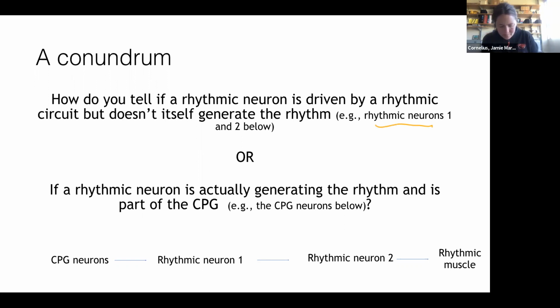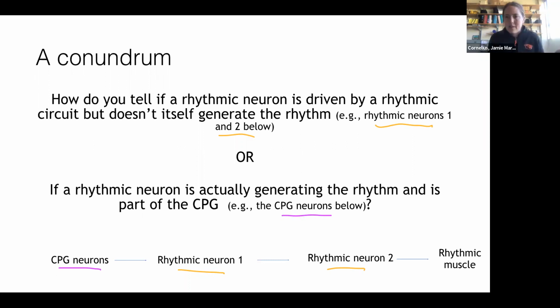So 1 and 2 below are just transmitting information from the central pattern generator neuron to the muscle. Yes, they're rhythmic, but they may not actually be generating the rhythm themselves. Alternatively, if you're measuring a neuron and it's rhythmic, maybe it's one of the central things that is generating the rhythm, in other words, the actual central pattern generator.